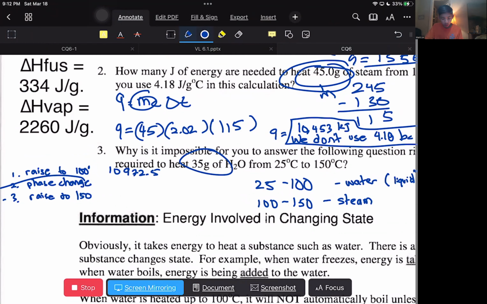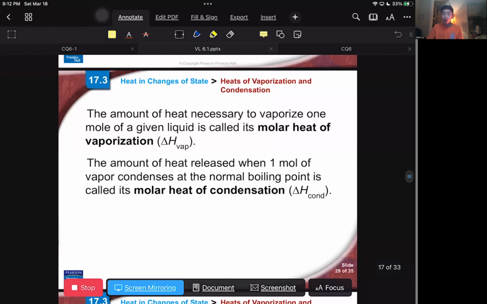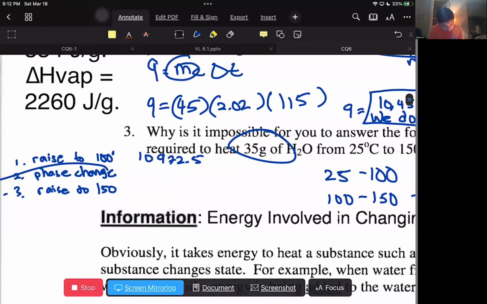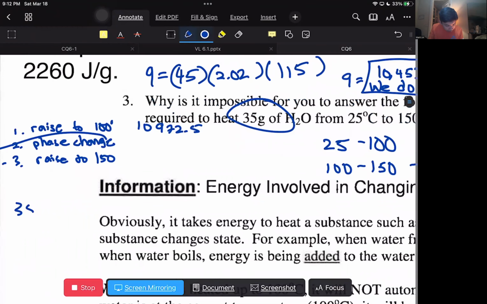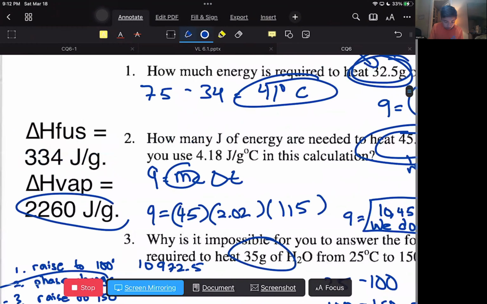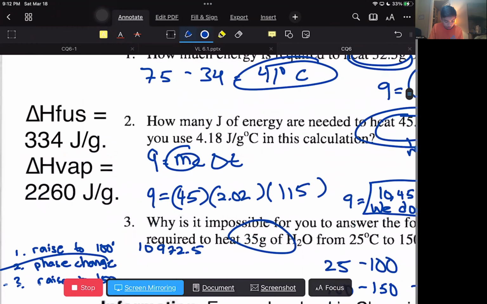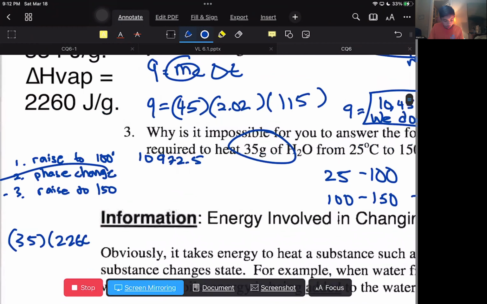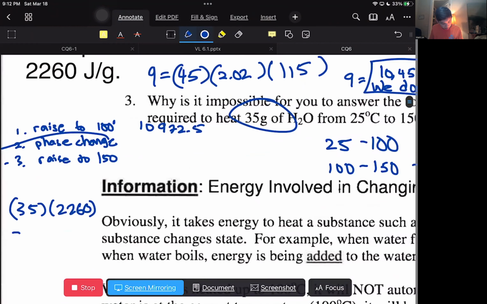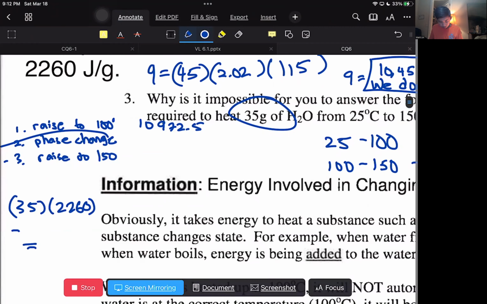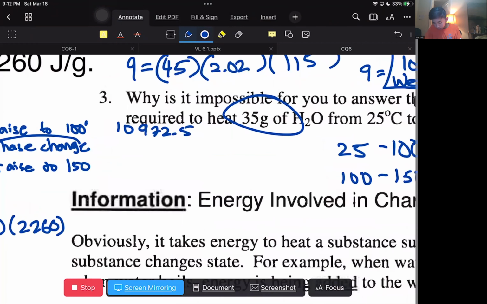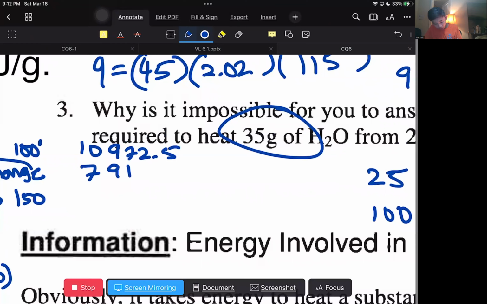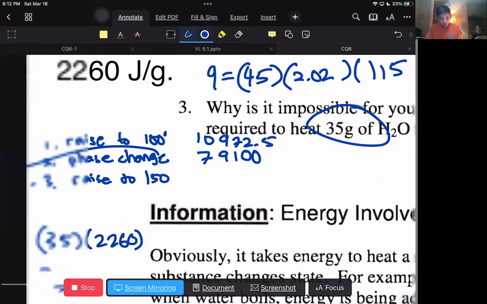So 35 times 2260, and this equals 79,100.